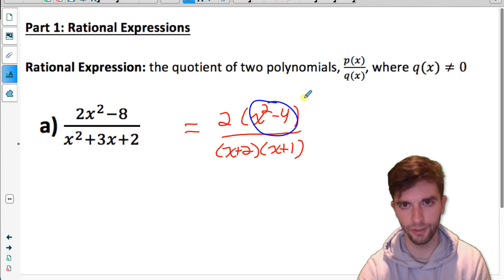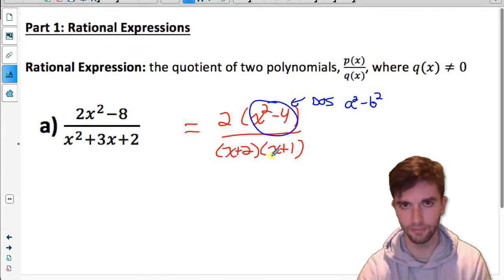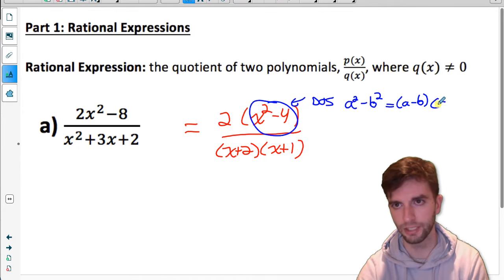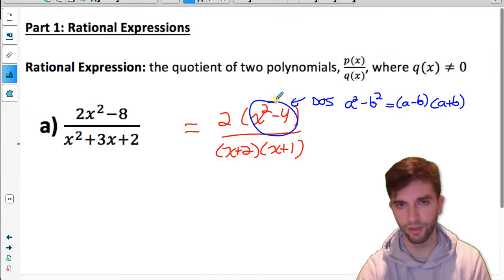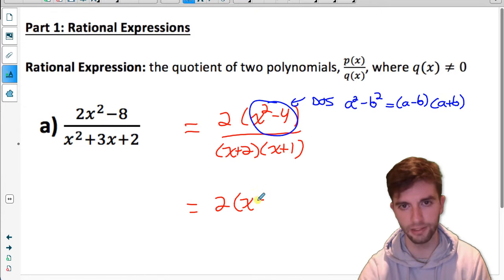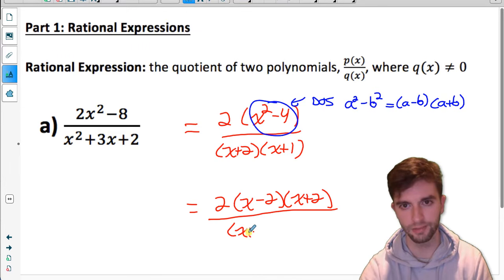Did you notice the difference of squares right here? This follows the pattern a squared minus b squared. It's an x squared minus a 2 squared. So that factors to a minus b times a plus b. So in this case, the x squared minus 4 would factor to x minus 2 times x plus 2. And this is all over x plus 2 times x plus 1.